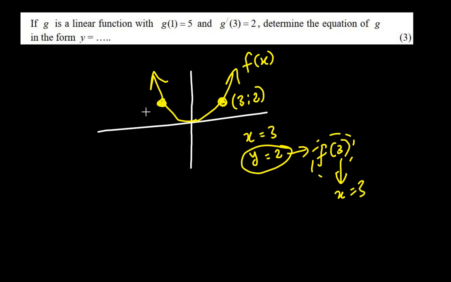What about here? If I have -1 and then let's say I have 2 there, I can say my x is -1, my y is 2, but this y I can also write like this: my y is also equal to f of -1, and it's equal to 2.